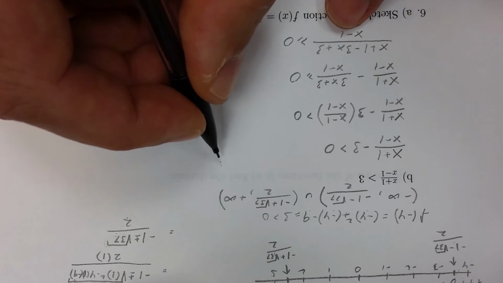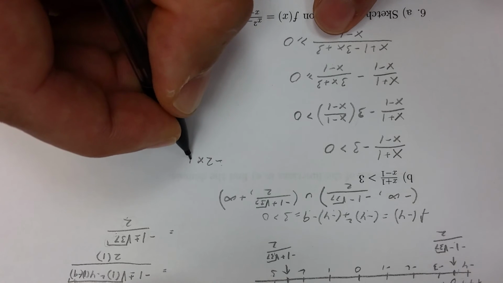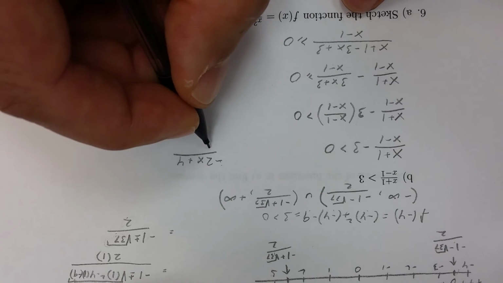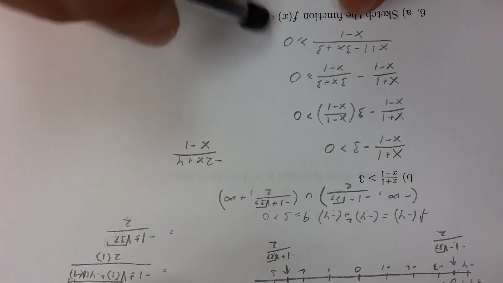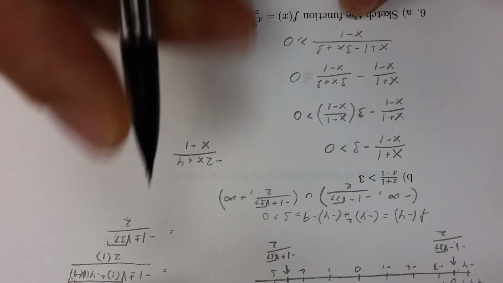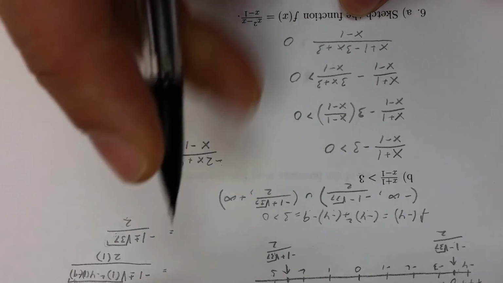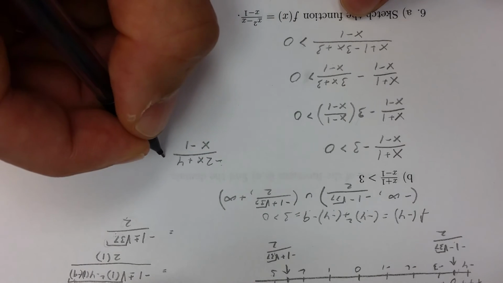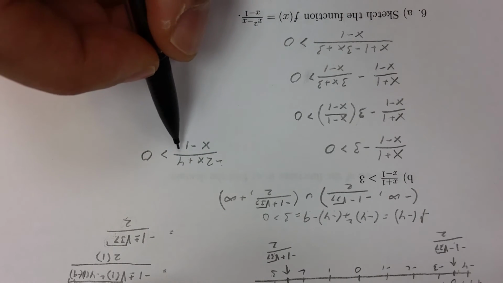So x minus 3x is minus 2x, plus 1 plus 3 is plus 4, all over x minus 1 is, oh, I don't know where I got that greater than or equal to. That just says greater than, doesn't it? So greater than 0. Now I'm all ready to do a sign chart.